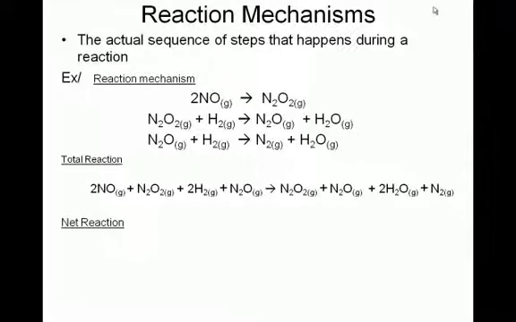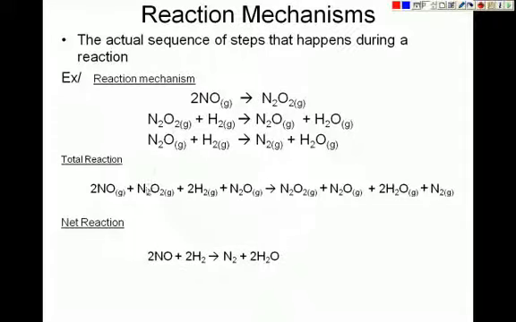And if we do that, what we see is if we cancel N2O with N2O, it cancels out. This N2O2 cancels out with this one. And then what we're left with is 2NO plus 2 hydrogens, and make N2 plus 2 waters. So what we did was we canceled out this, and this, and this, and this. And what we're left with is a net reaction.